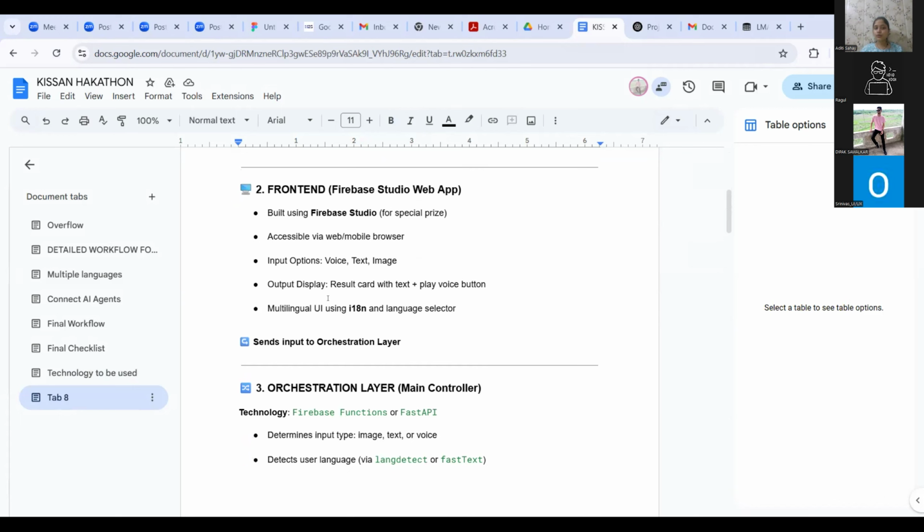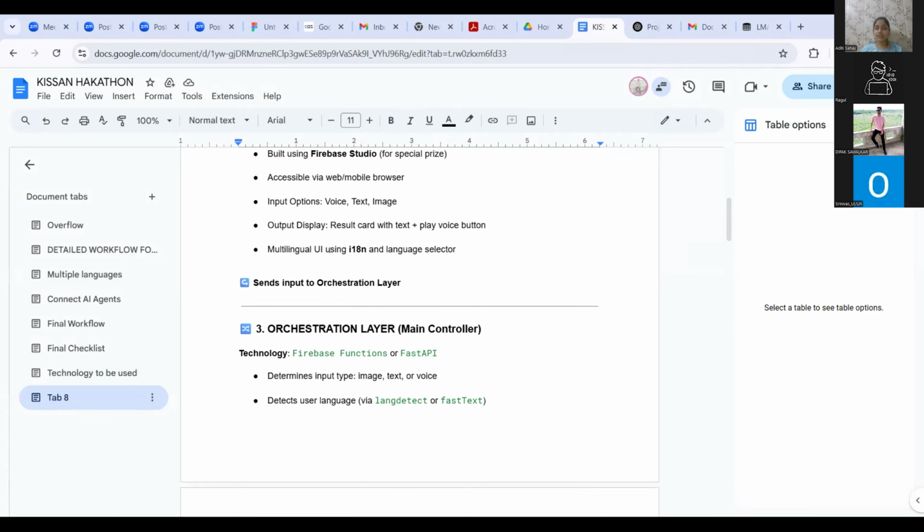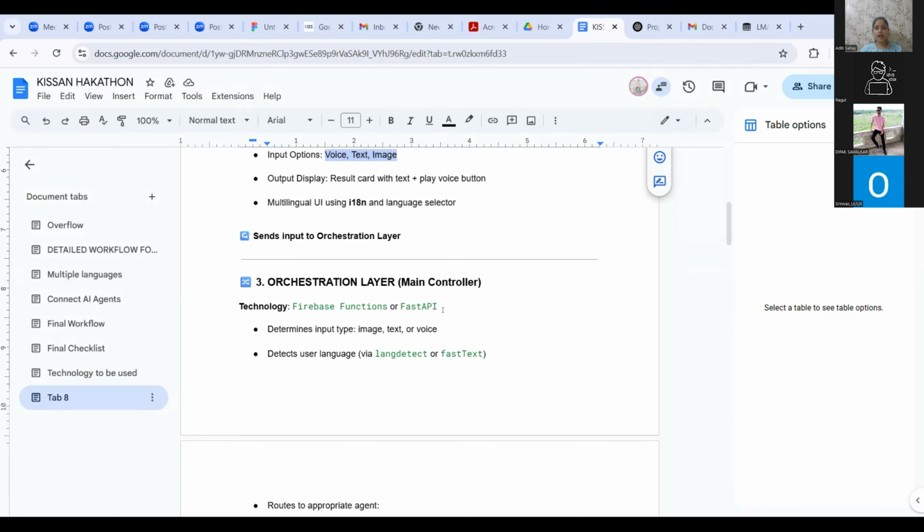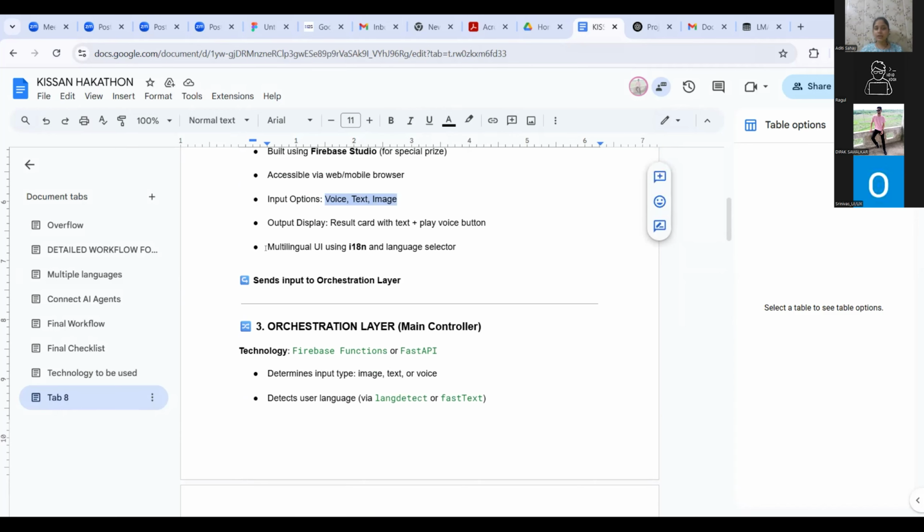For the front end, we are obviously going to use Firebase Studio and access it via web, basically the mobile browser. For input we can use these mediums, that is voice, text, and image. Now the output would display a result card with text, and it is a multilingual UI.